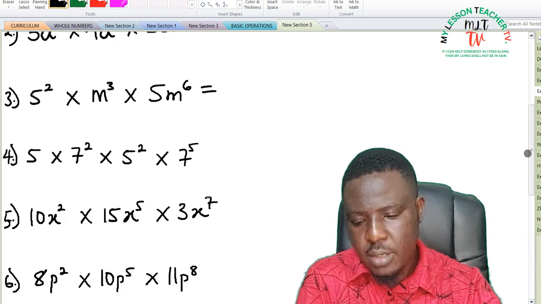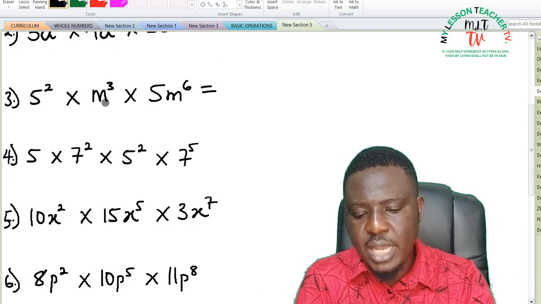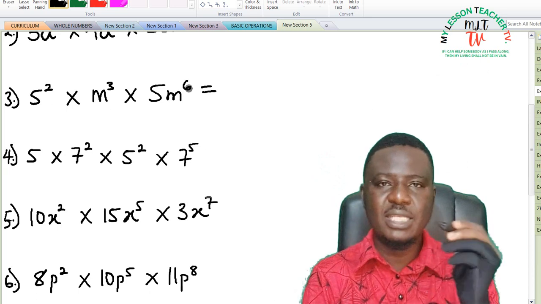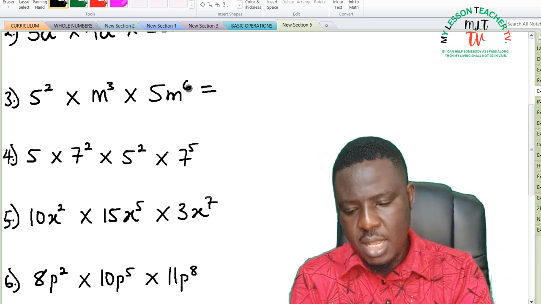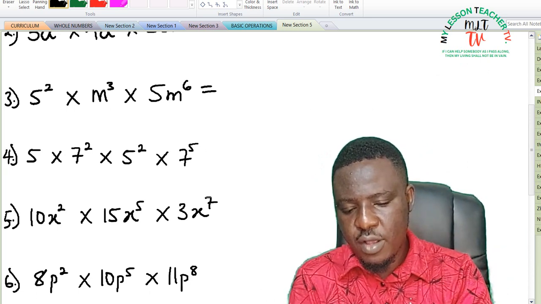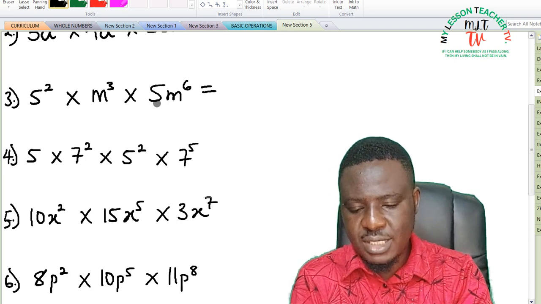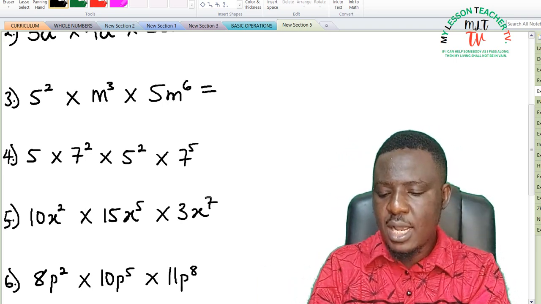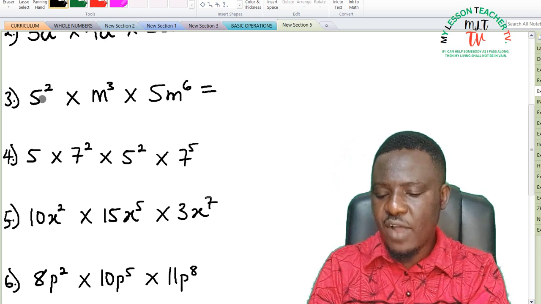Question 3. 5 squared times m raised to the power of 3 times 5m raised to the power of 6. Now, in this exercise, the coefficient of m raised to the power of 6 is 5. The coefficient of m cubed is 1, while this is 5 squared.